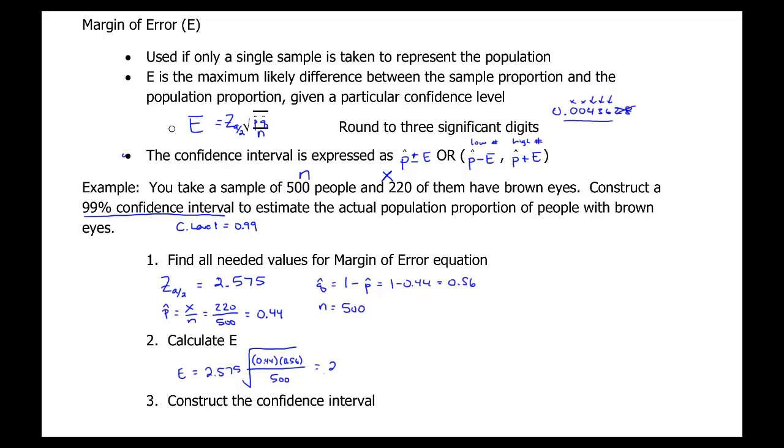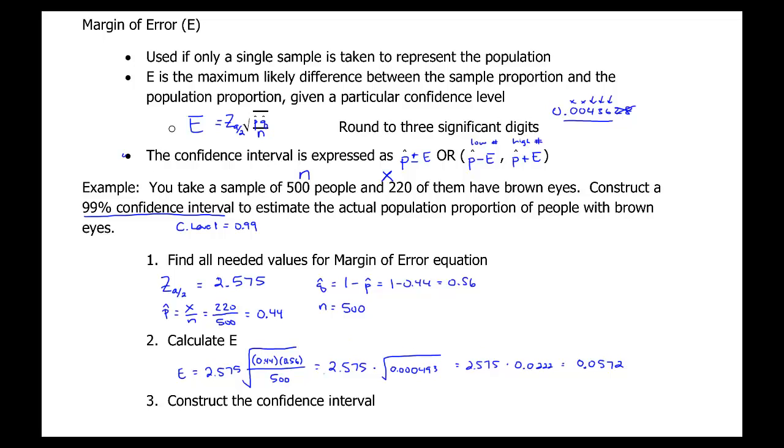I encourage you to do this in steps and write down all your steps instead of just trying to plug it all into your calculator at once. And when you calculate that, we get a margin of error equals 0.0572. That has 3 significant digits. Okay. But we're not done.